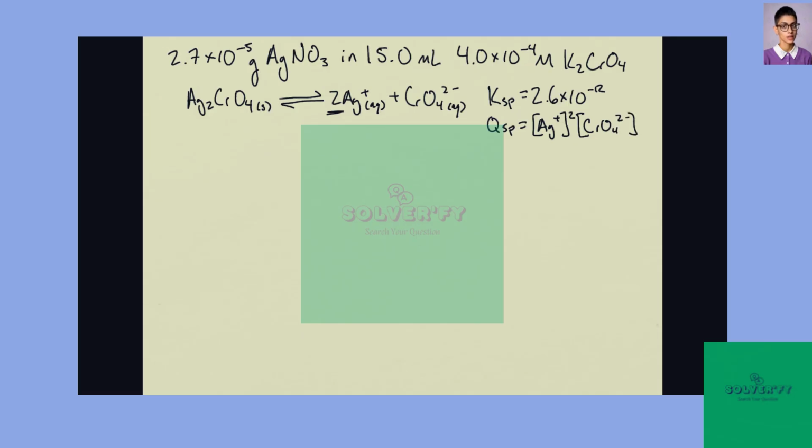We want to remember that if the QSP is equal to the KSP, then we'll have a saturated solution with no precipitate formed.